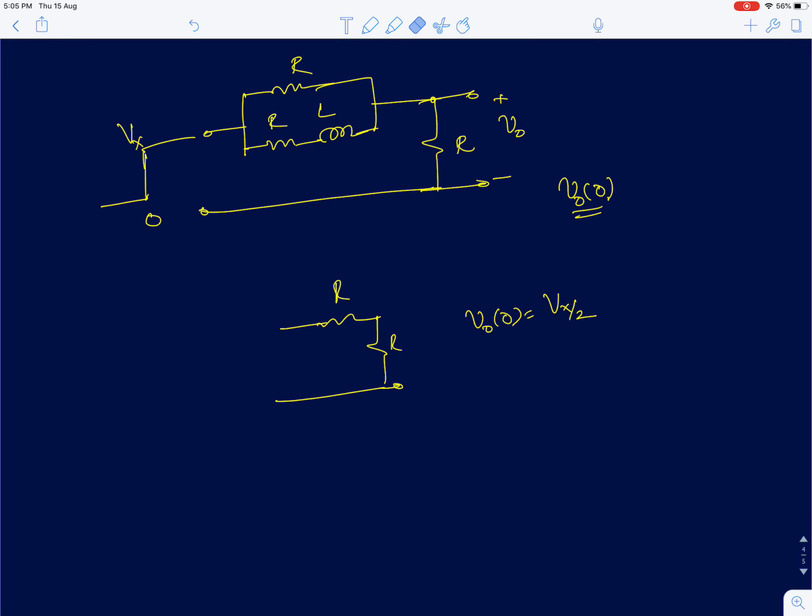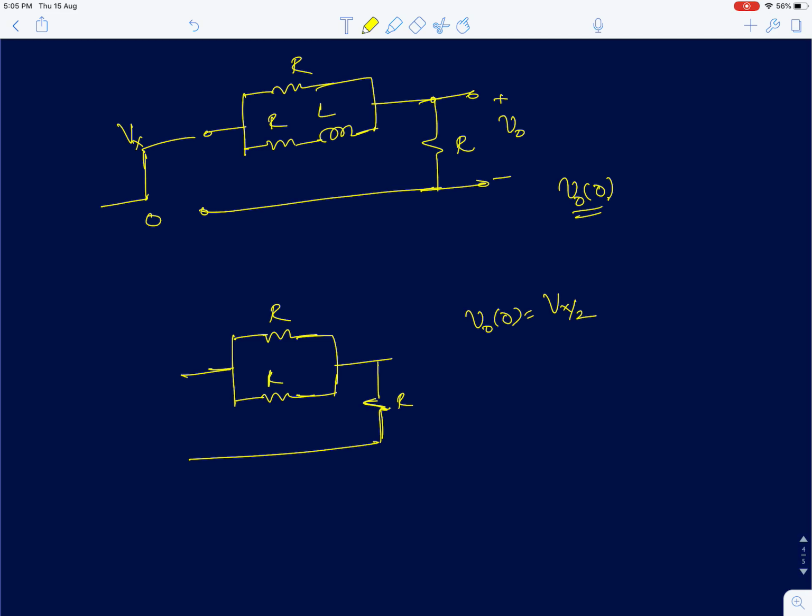In the steady state, inductance will behave like a short circuit. So V naught of infinity is going to be Vx. This effective impedance is going to be R by 2.